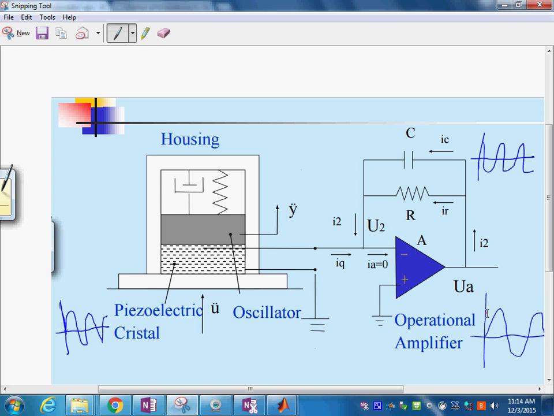If it is 90 degrees out of phase, you're going to have this. And this difference in here is going to be phi, and we're going to call it the phase angle.